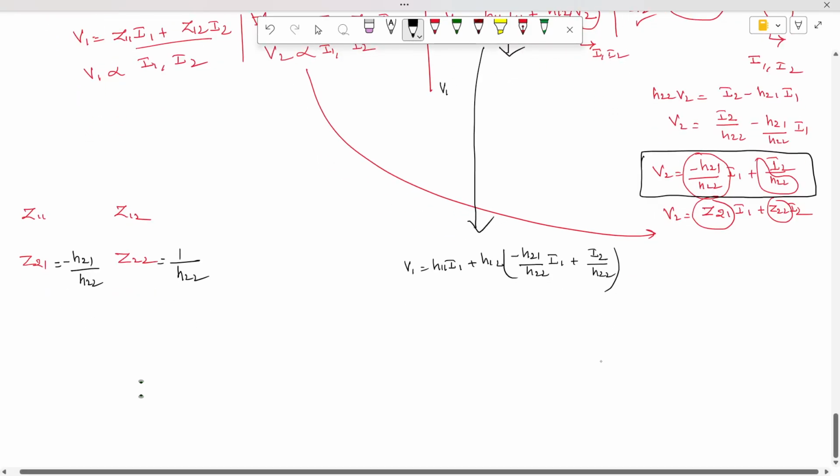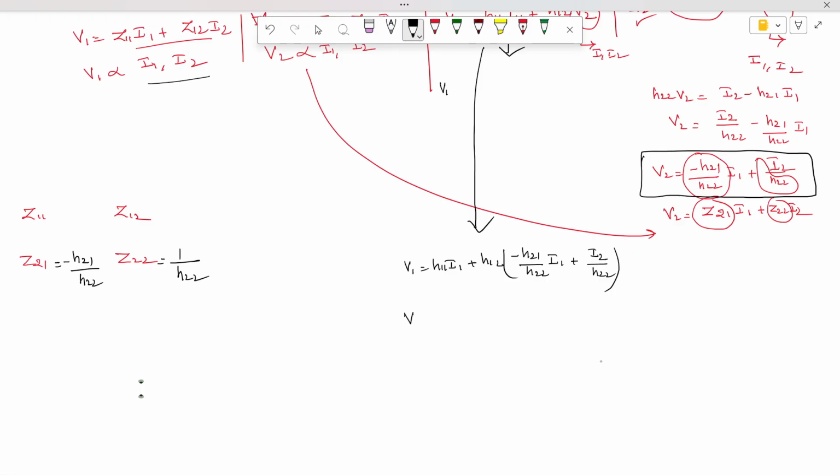This is already in I1 and I2. We require V1 in terms of I1 and I2. So V1 is equal to H11 I1 plus, into minus, minus H12 H21 divided by H22 I1 plus H12 divided by H22 into I2.